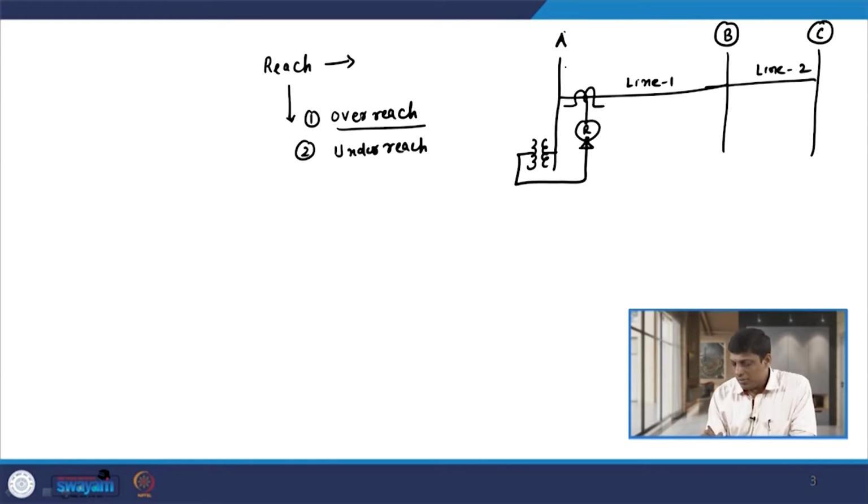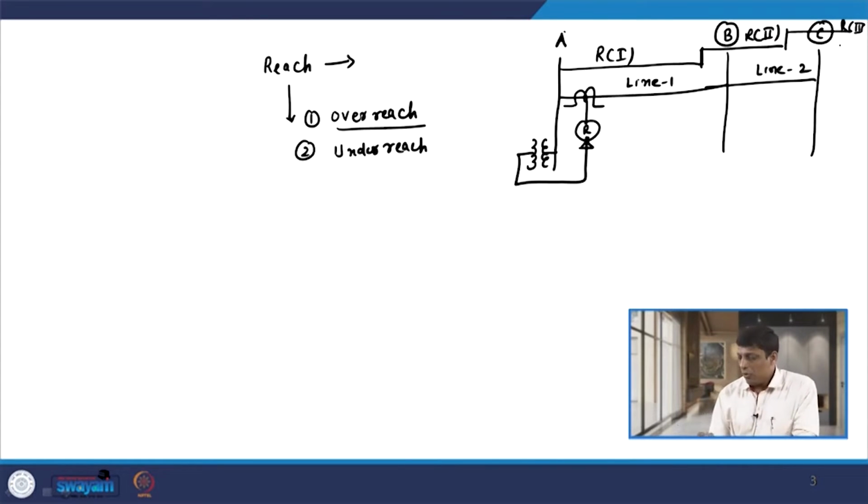The first zone of this distance relay is 80%. So, this is R1. After some time delay we have a second zone, this is R2, and so on, with some time delay R3.